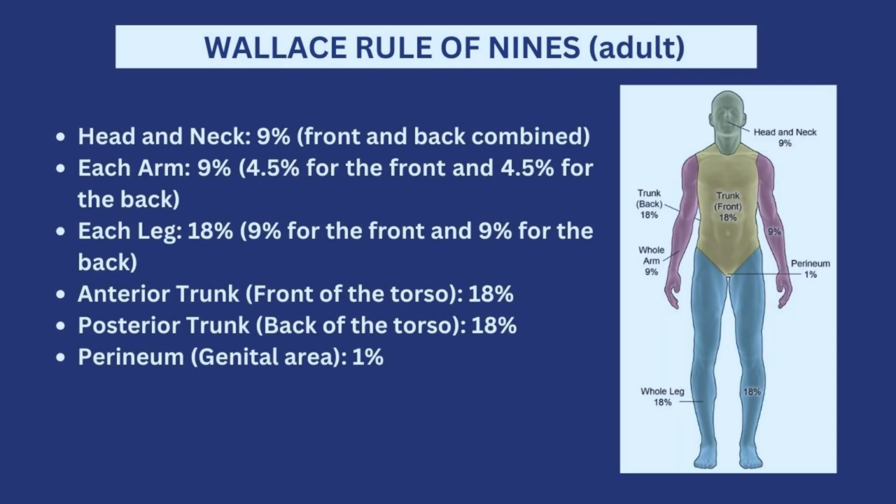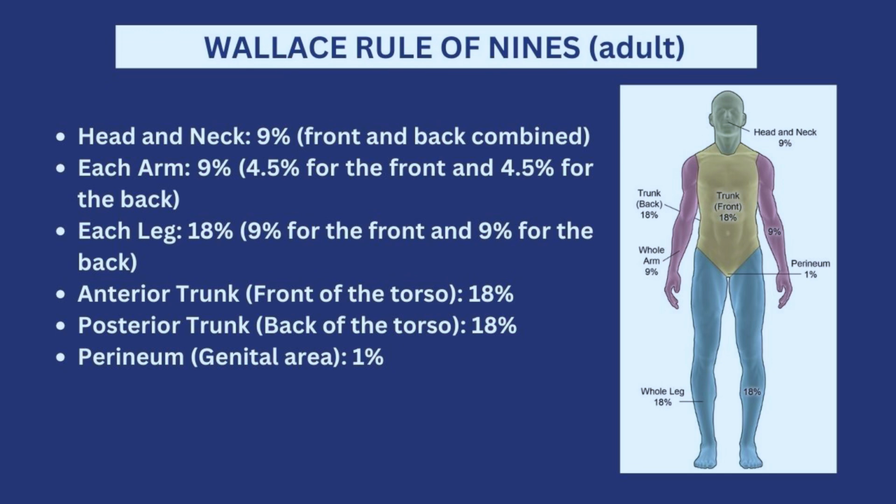So according to the Wallace rule of nines, the head and neck is 9%, which is the front and back combined, which means if it's just the front, that will be 4.5%, and if it's just the other side, it will be 4.5%, but both together is 9%. Each arm is 9% as well, which is 4.5% for the front and 4.5% for the back. Each leg is 18%, which is 9% for the front and 9% for the back.